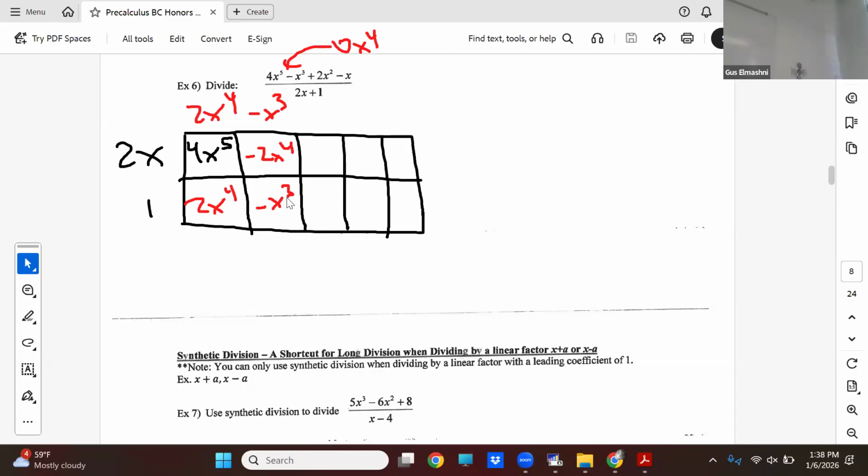What do I combine with negative x cubed inside the box to get the negative x cubed in the numerator? Well, what's negative x cubed plus 3x cubed? 2x cubed. I want negative x cubed. It's kind of crazy, but once you get the hang of it, you can go fast. Exactly, so it'll be 0x cubed.